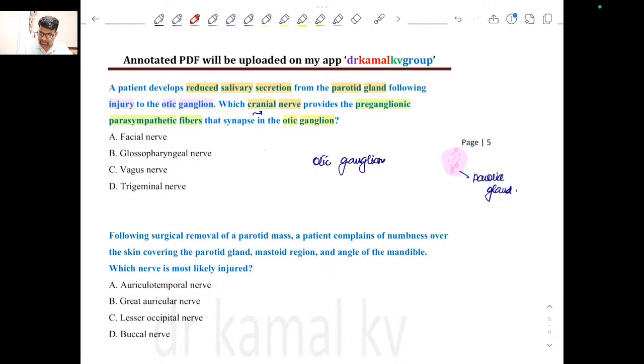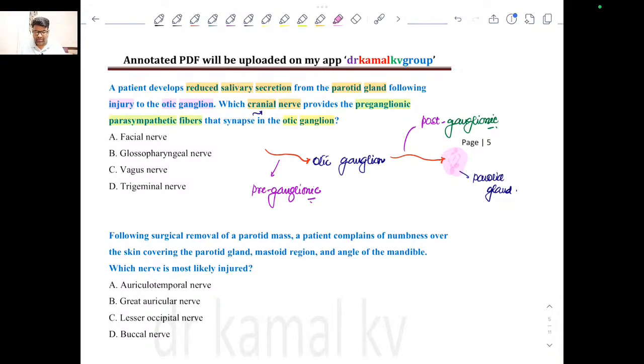So obviously there is a preganglionic and there is a postganglionic. So preganglionic, as the name suggests, is before the ganglion, and postganglionic, as the name suggests, is after the ganglion. Now see, the trigeminal nerve is actually providing sensory supply to the face, mainly, although it is mixed.